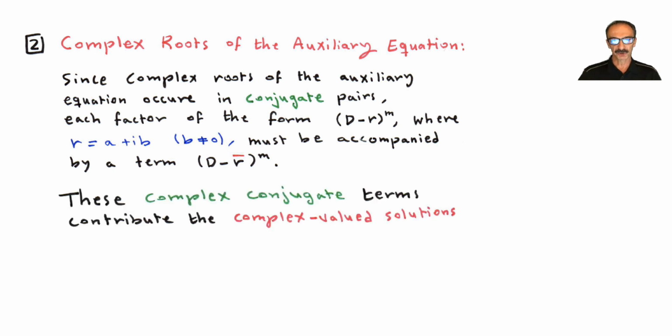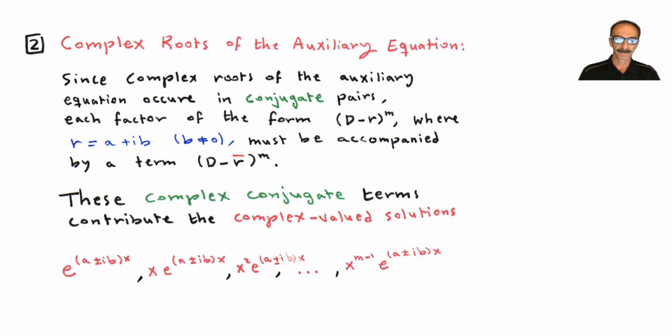These complex conjugate terms contribute the complex-valued solutions e^((a ± ib)x), and you keep repeating yourself, times x, x squared, all the way to x^(m−1). So the roots are a + ib and a − ib.